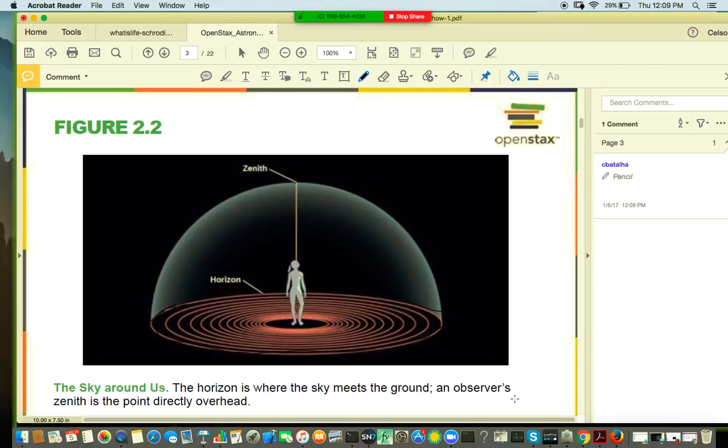Now, if you look straight up, which means a perpendicular line, a line that makes a 90 degree angle with the floor, going straight up to infinity, it defines a point in the sky called the zenith. Between the zenith and the horizon, you have a 90 degree angle.